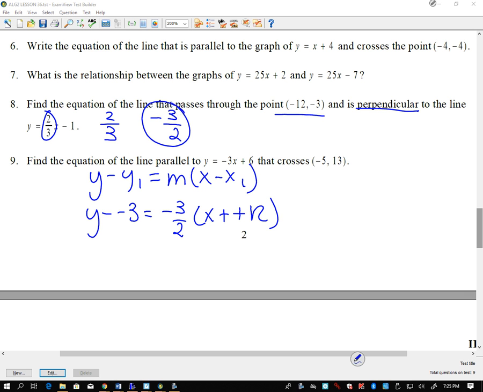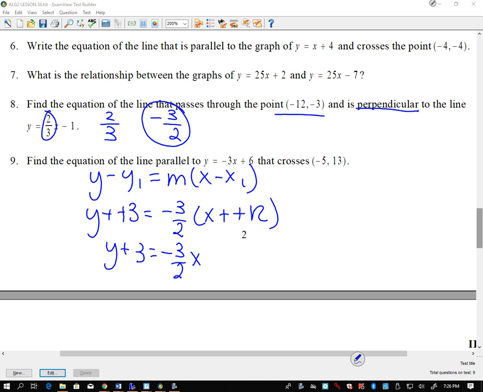Okay, go ahead and put in pluses where I have double negatives. Y plus 3 equals negative 3/2 x. We're distributing the negative 3/2. Negative 3/2 times 12. Well, negative 3 times 12 is negative 36. Negative 36 divided by 2 should be negative 18.